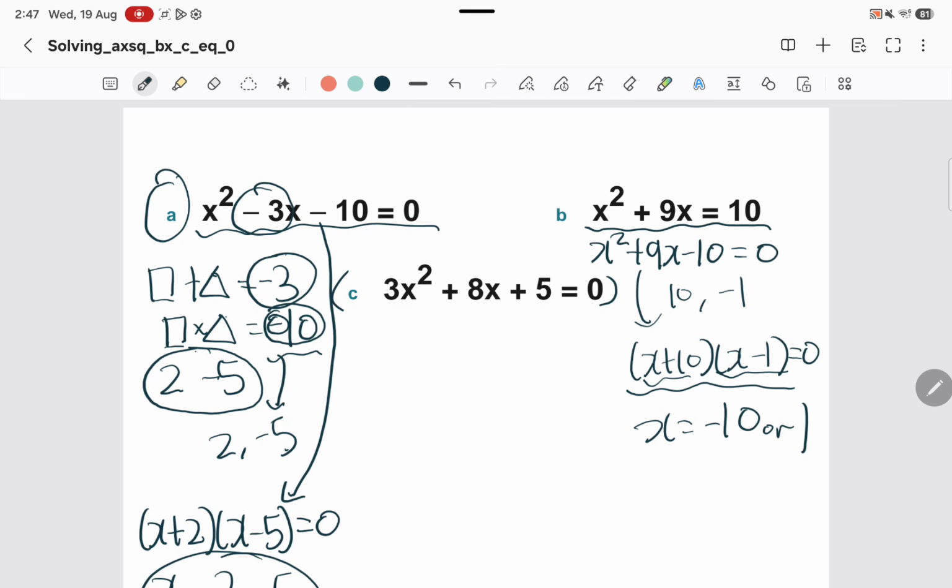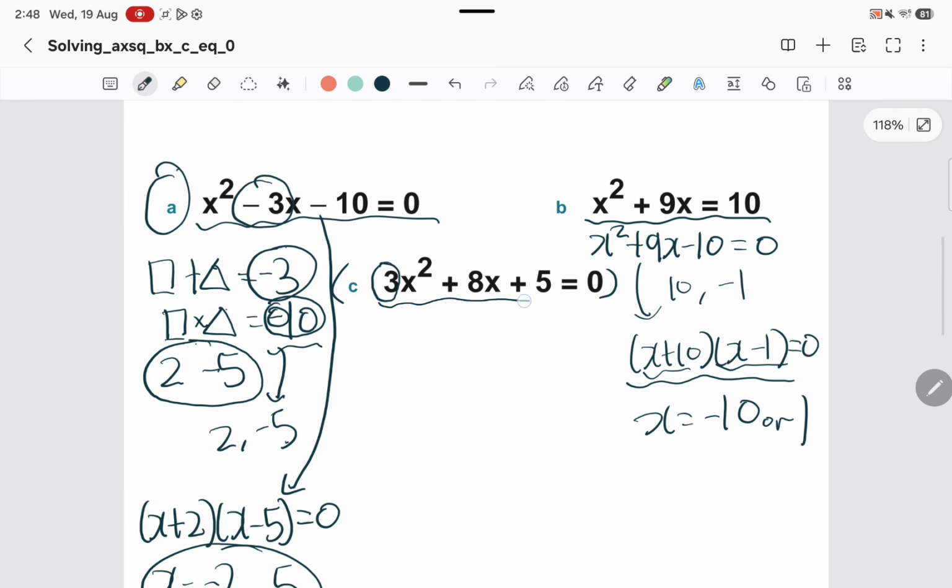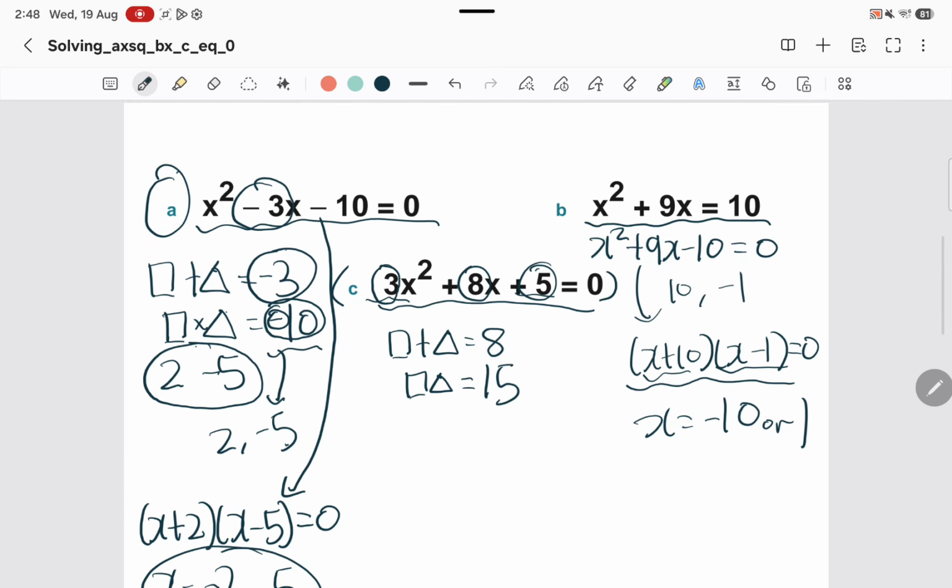C is a bit different. We've already covered non-monic quadratic expressions, because the number attached to x squared is not 1, so it's called a non-monic quadratic equation. In this case, we still find a pair of numbers that add up to 8, but multiply to give not just 5 times 3, in this case 15.